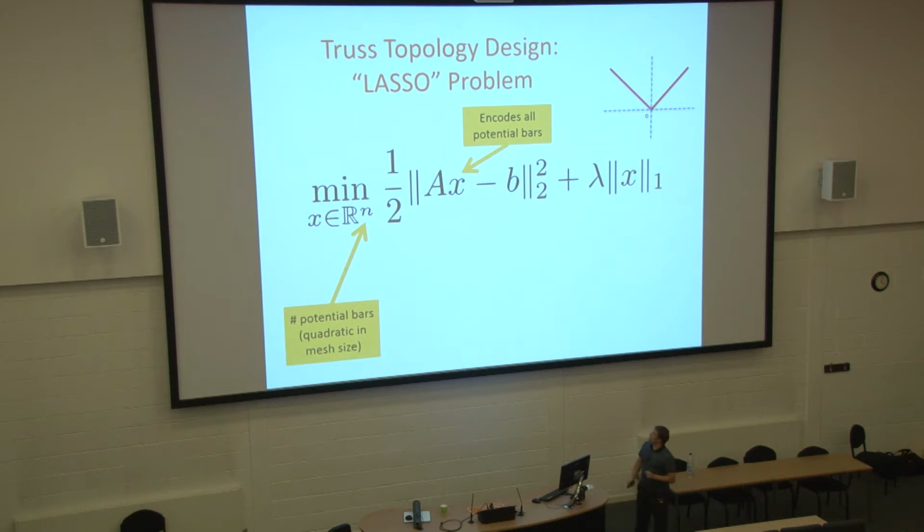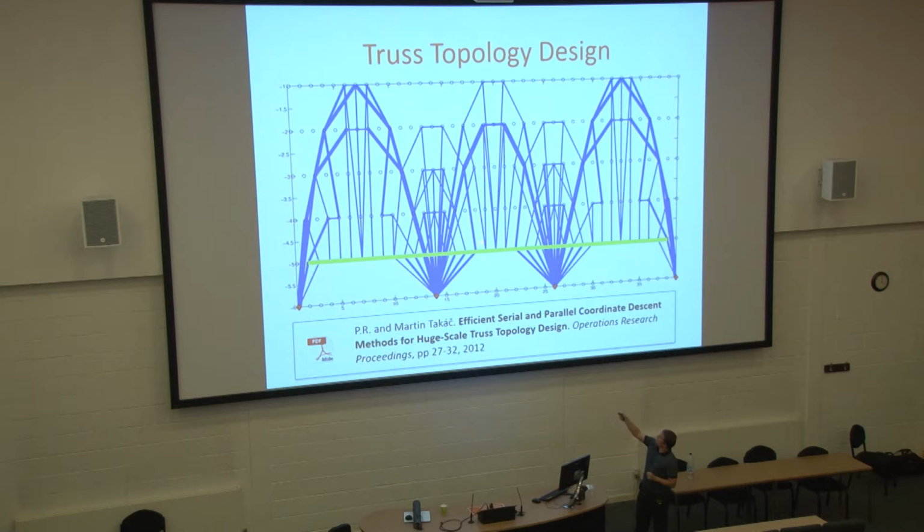So in fact, the solution will be sparse. You can see that most of the potential bars are not there. They are zeros. That's precisely what the L1 thing will do. It will make sure you don't use that much steel in your truss, in your bridge.